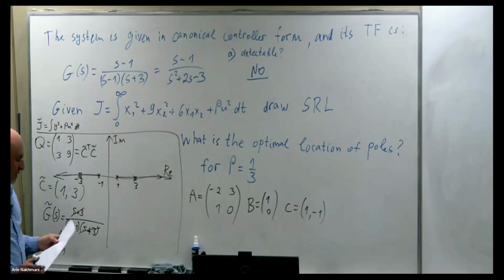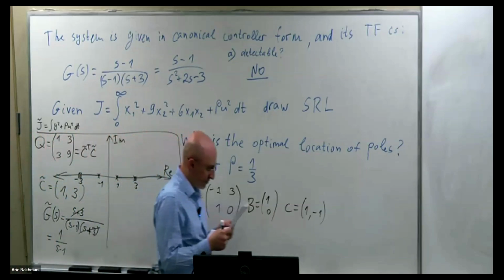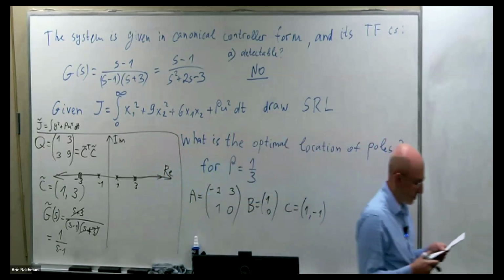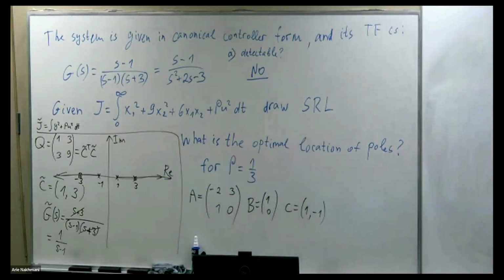All right. Now we have the second part, where we have only 1 divided by s minus 1 left. So G tilde S is 1 divided by s minus 1, so A is s minus 1 and B is 1.